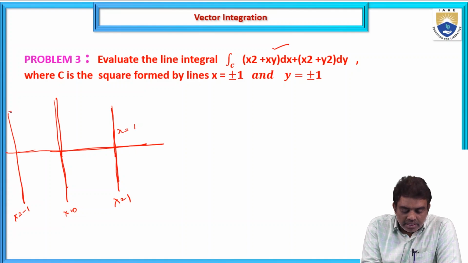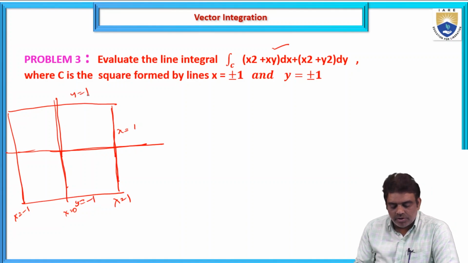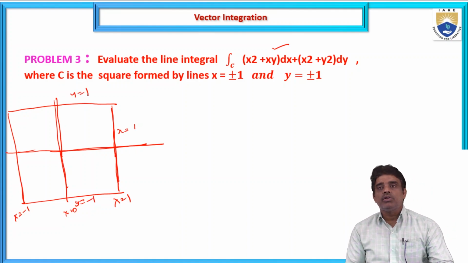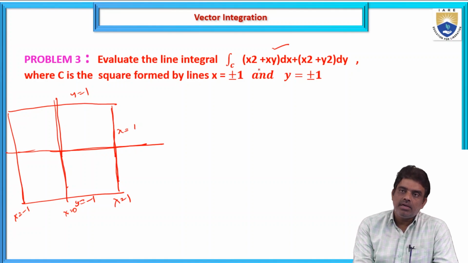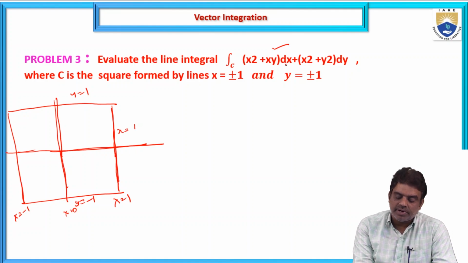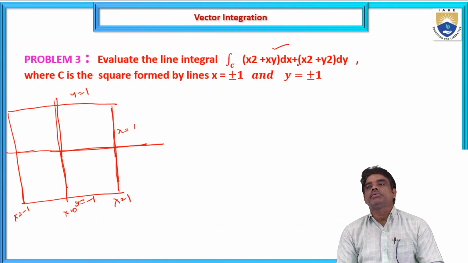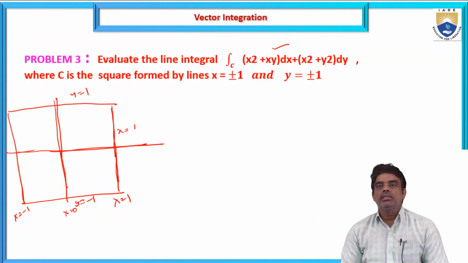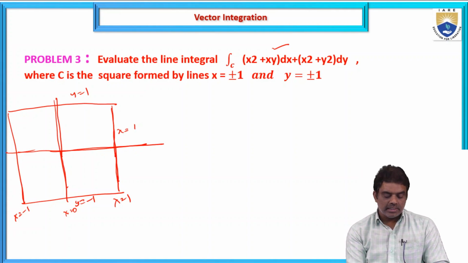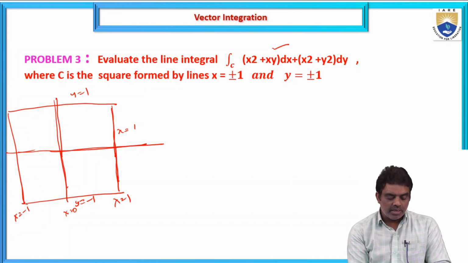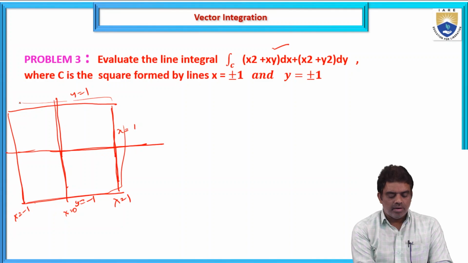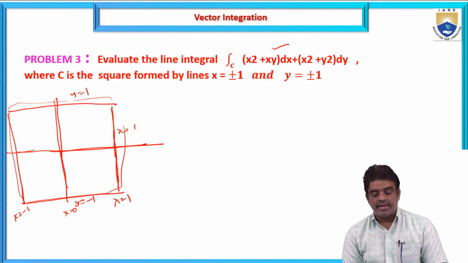Similarly, y is equal to 1, this is the line y is equal to 1 and this is y is equal to minus 1. So you have to evaluate the line integral over C of (x square plus xy) dx plus (x square plus y square) dy along the lines x is equal to plus 1, x is equal to minus 1. You have to go around this entire square.